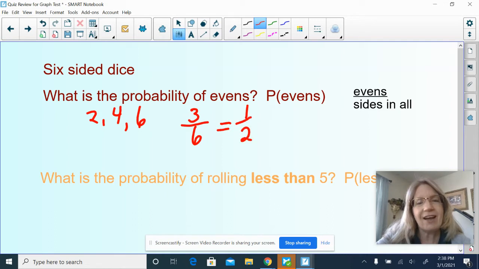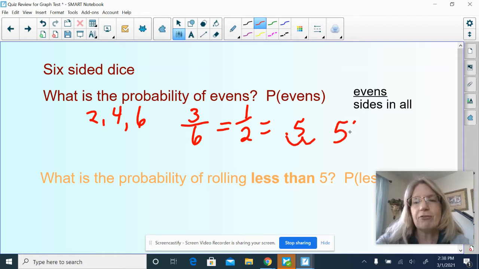So that's 1/2, and we already have done this before, changing to a percent. That's 0.5 or 50%. One more time: there were 3 evens, so you have 3 out of 6 sides in all, and changing to a percent should be reviewed by now, guys.